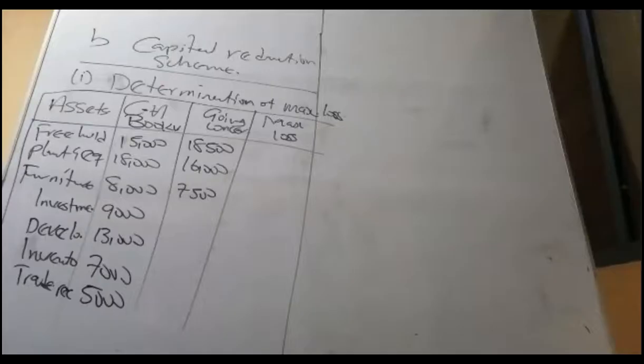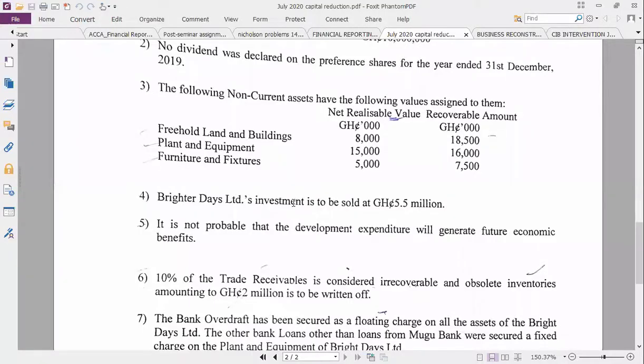Investments. They said they will sell the investment for 5,500, agreed. So the investment happens to be 5,500. Let's go and pick that one. Investment 5,500, so let me write it down.